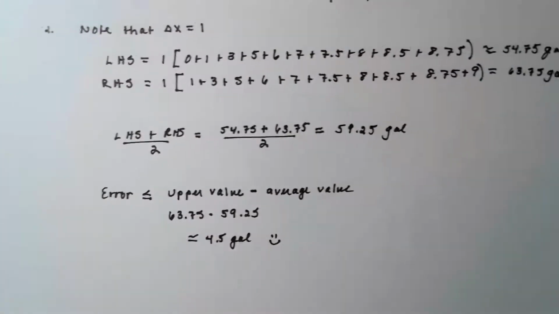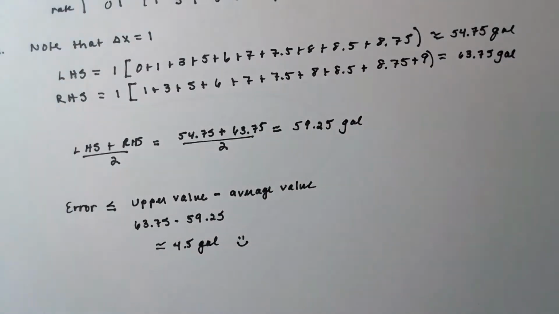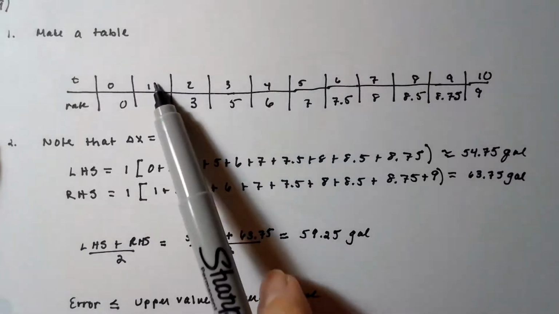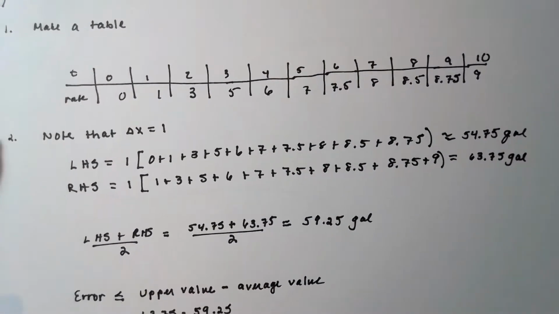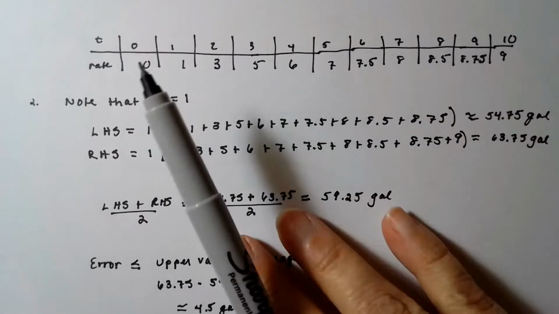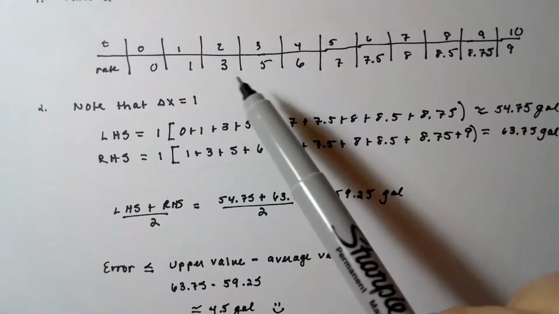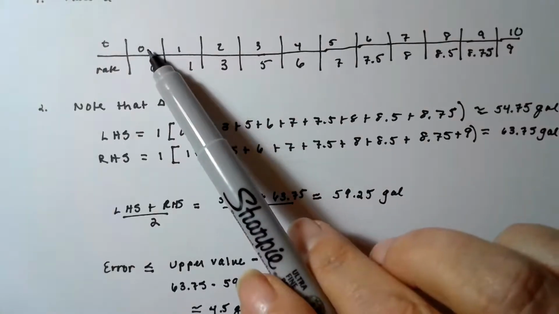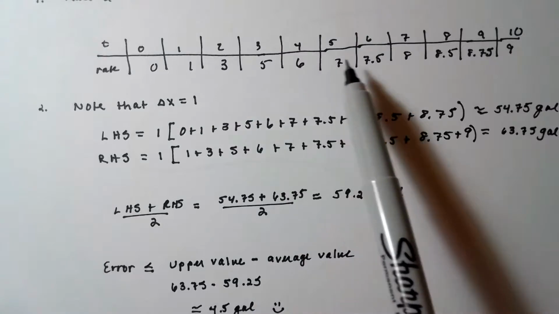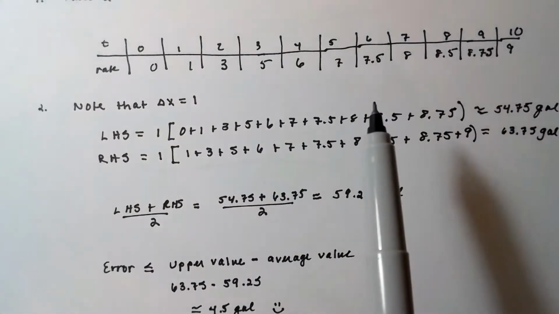Rather than using the graph like I did, you could have just made a table of all the X and Y values. Maybe that's a little bit easier for you. You're not always going to have time to do something like this, but anyway, maybe it'll make more sense this way. So all I did was I took every value of time and I listed the corresponding output value in a little table that I made.